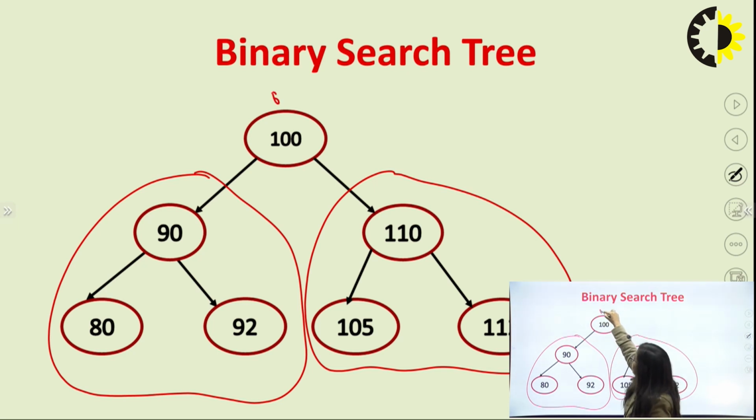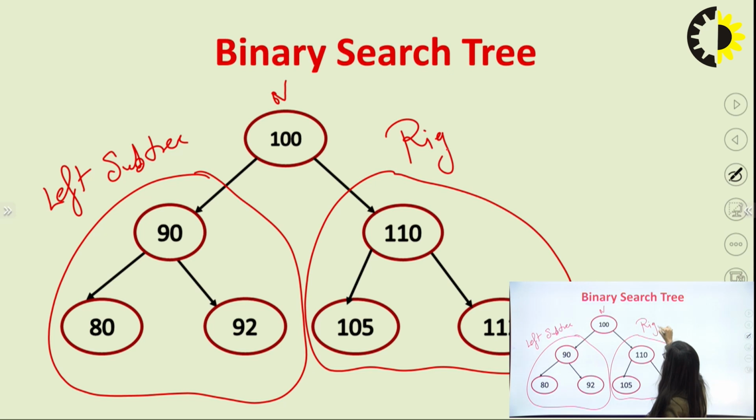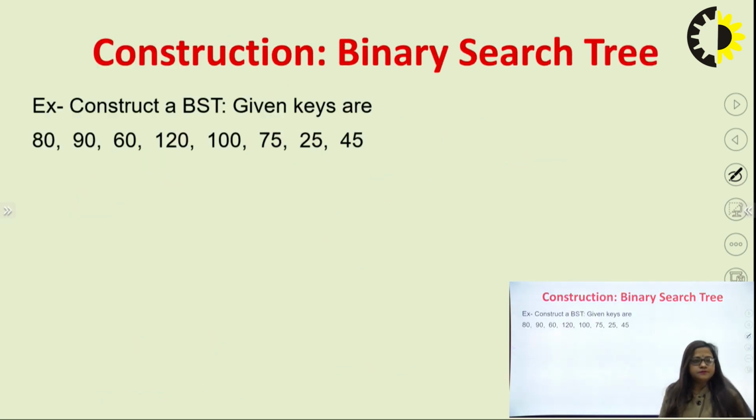Here 90, 80 and 92, all elements are less than 200 because it is the left subtree, as I told you in the previous slide. And the same thing here, all elements of the right subtree are greater than the node.